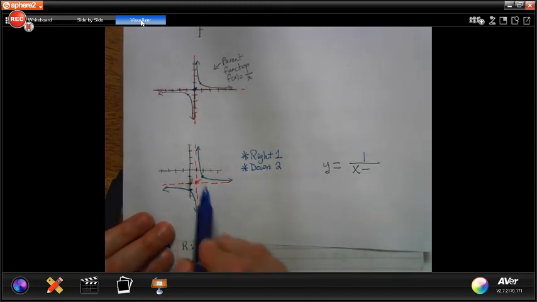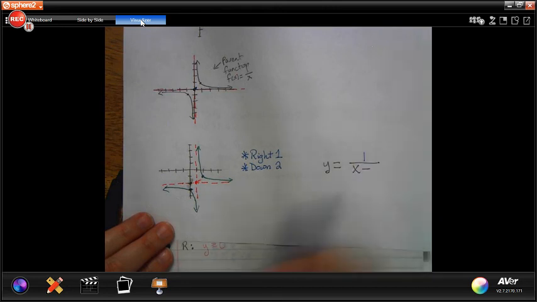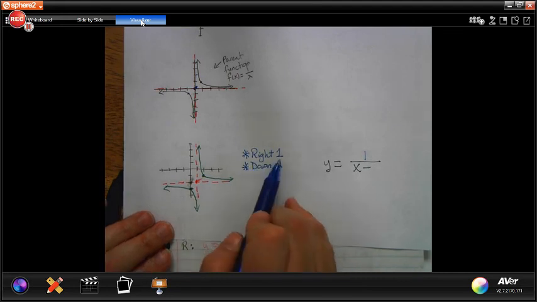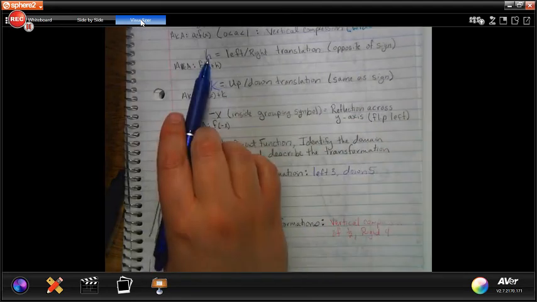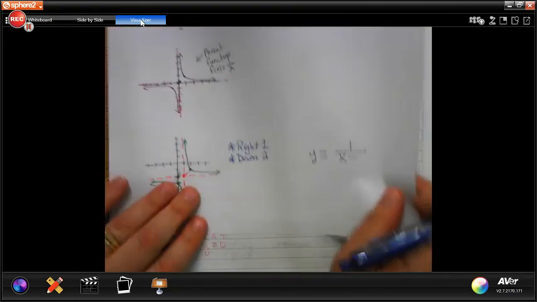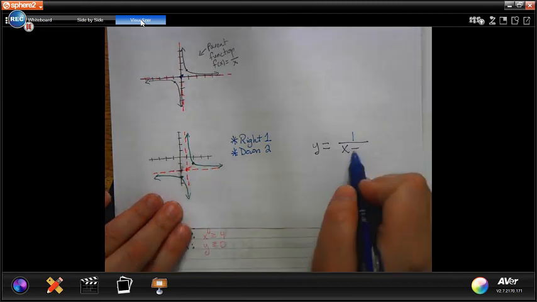Okay, so like if going from this point it was over 1 up 2 and my graph was drawn there, then this would be a 2 up here, instead of a 1. The right is left, right, opposite of the sign. That's your H, goes in the grouping symbol with X. Right 1, right is the positive direction, so we want this to be minus 1.